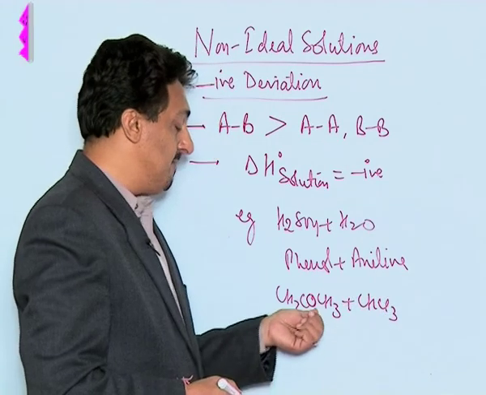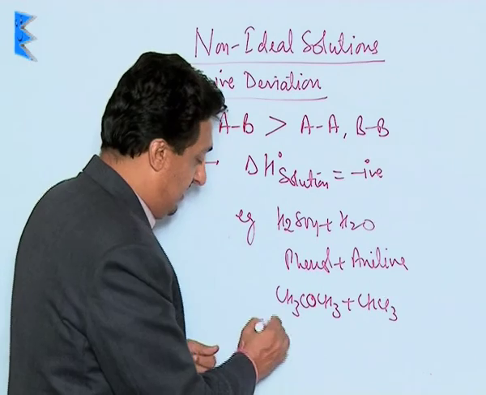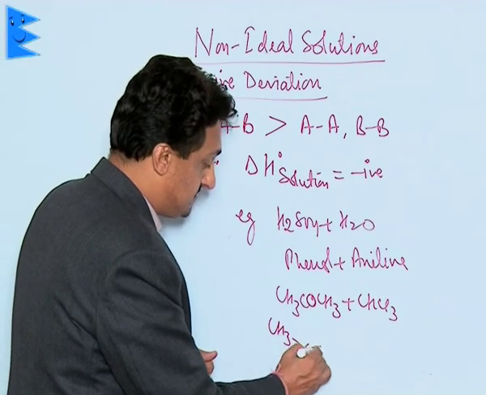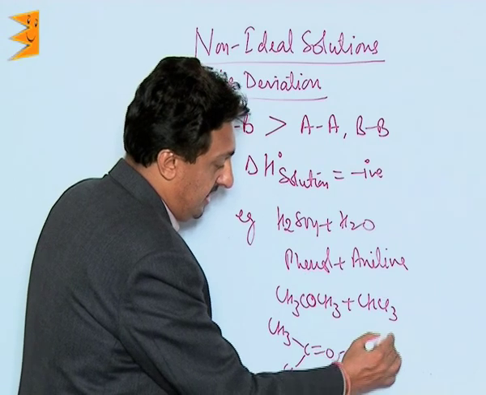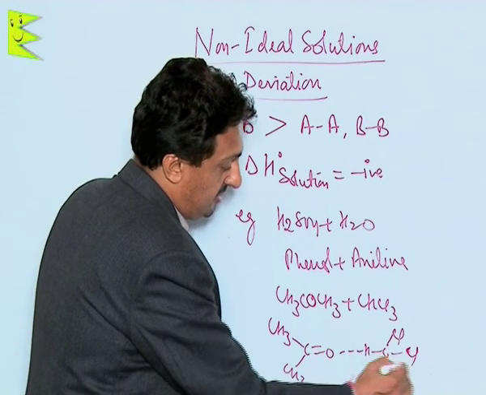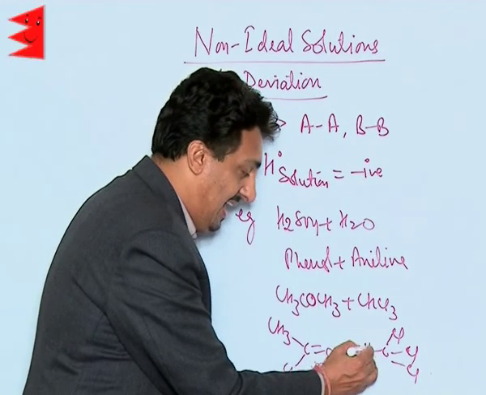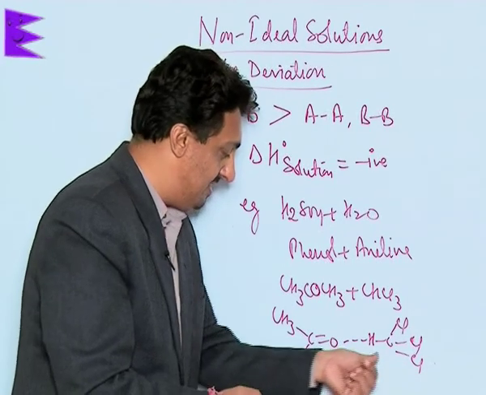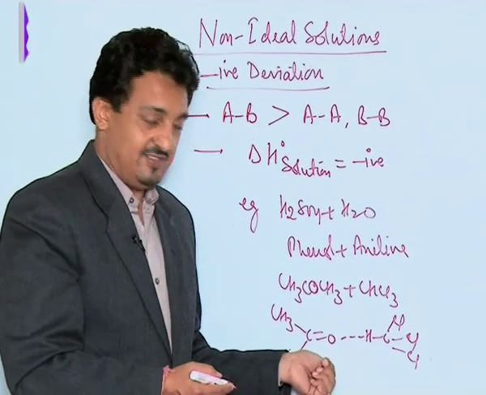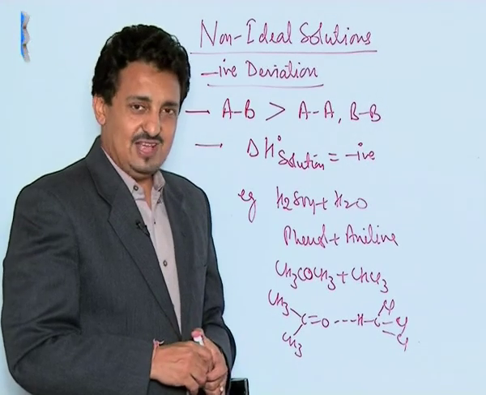We were expecting dipole-dipole interaction in both these cases, but what we find is that acetone develops hydrogen bonding with the hydrogen of the chloroform molecule, because this hydrogen becomes highly electron deficient due to the presence of 3 electronegative chlorine atoms. As a result, it develops hydrogen bonding with the oxygen of the acetone. So these all are the examples of the negative deviations.